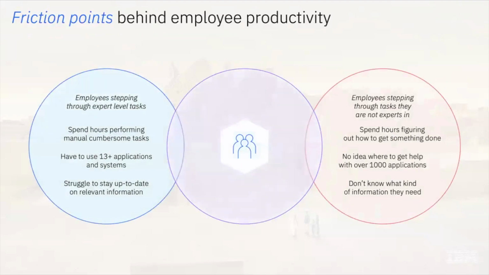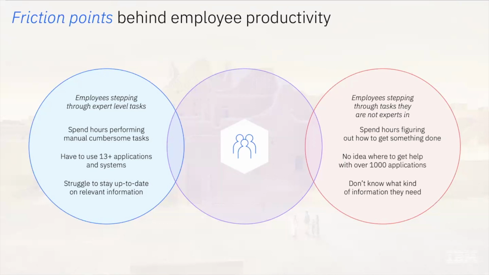And having that, we look closely at the friction points hindering employees' productivity. It's easy to see that the employees are tasked with using multiple tools, as we just mentioned. On the left side, as you can see, the employees are stepping through expert-level tasks. These are the expert people. They know the process inside their minds, and they start executing, swiveling between different systems till they deliver their work, right?